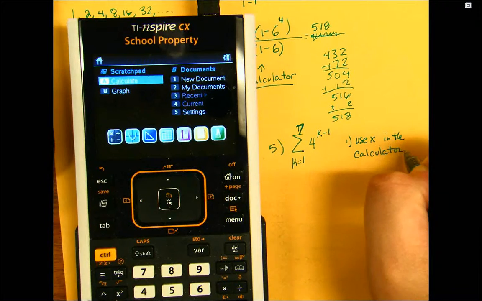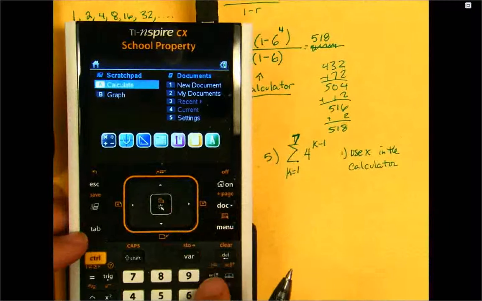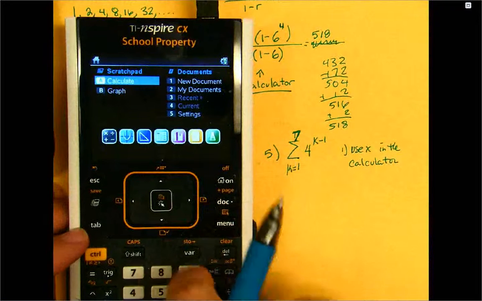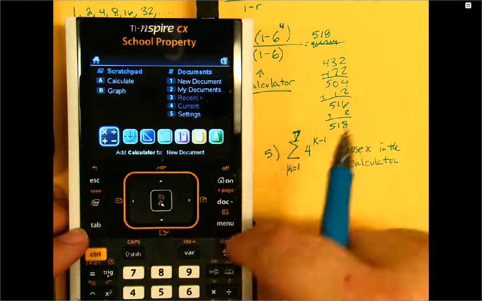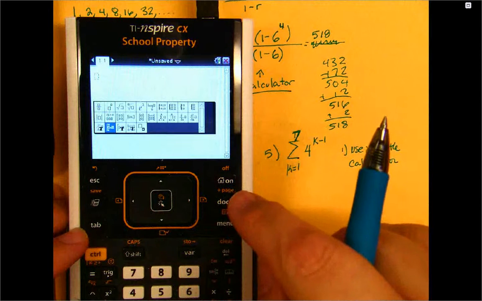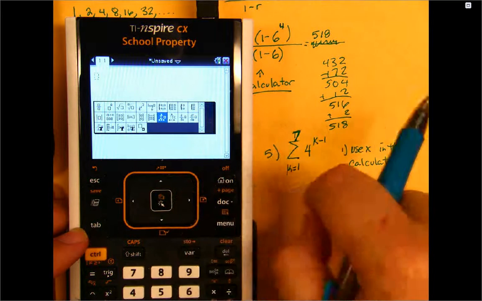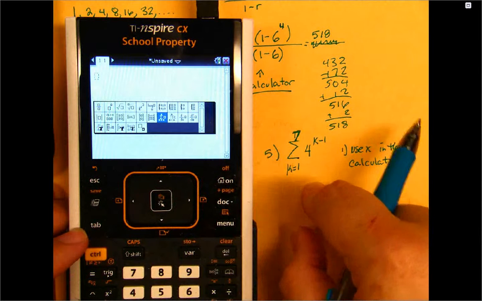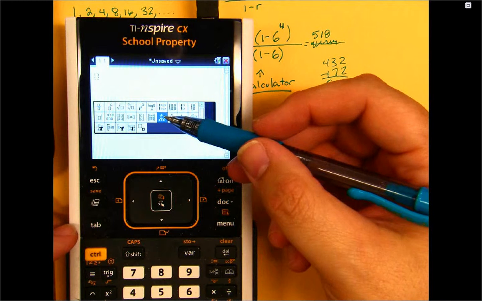All right, now, if you hit this key right here, right next to the 9, oh, you got to be in a calculator mode. And if you hit here, next to the 9, do you see a summation anywhere? It's right here. It's second row, 6-1 over, right after the matrices.